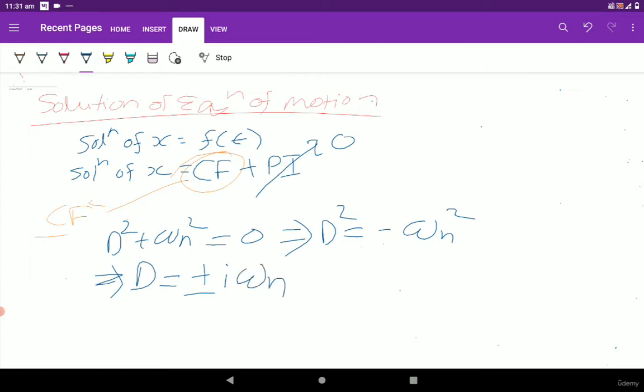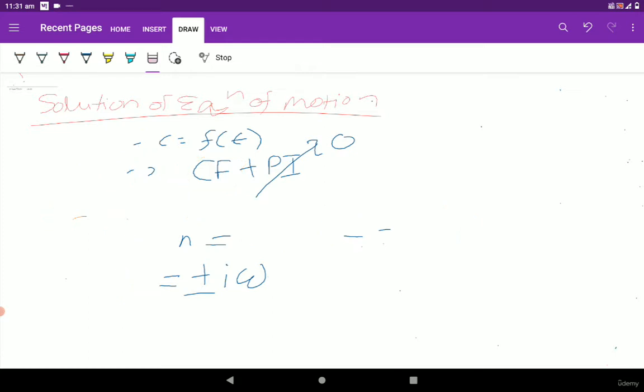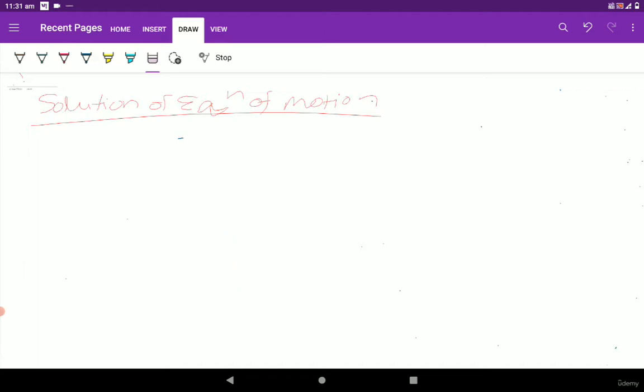So the solution for the displacement equation is x equal to A cos omega n t plus B sine omega n t.